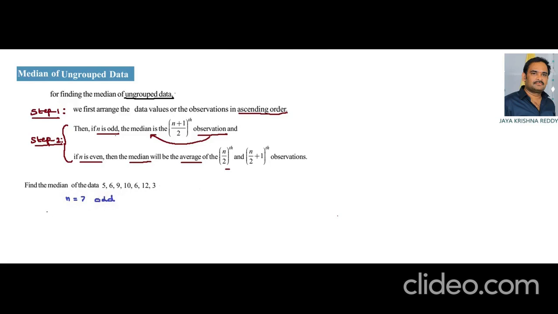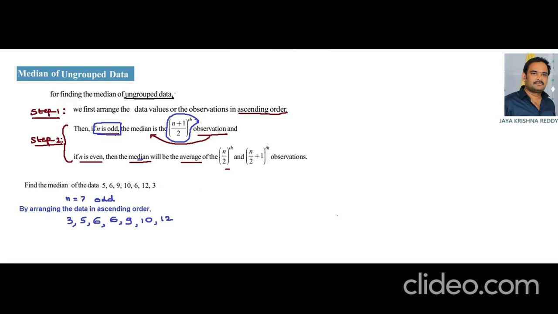As per step 1, first arrange these numbers in ascending order. So we can write the observations as 3, 5, 6, 6, 9, 10 and 12. This is the ascending order of the given observations. Now in step 2, if n is odd, the (n plus 1) by 2th observation is the median.